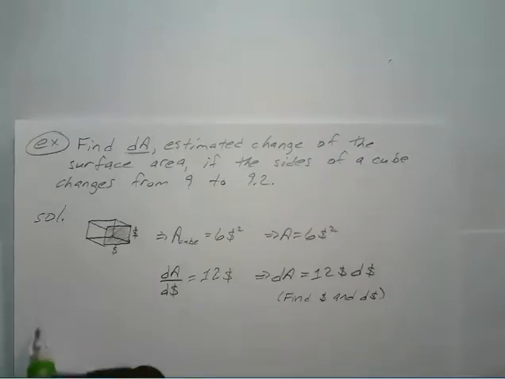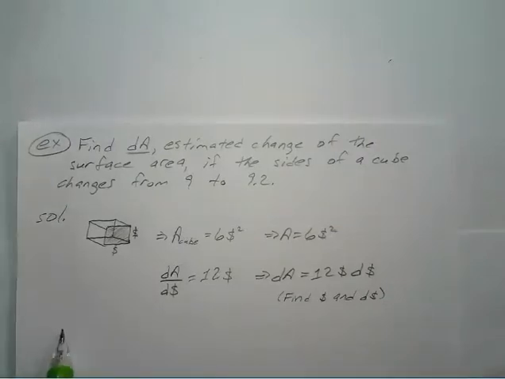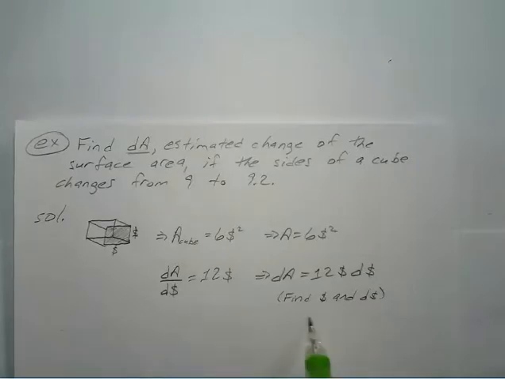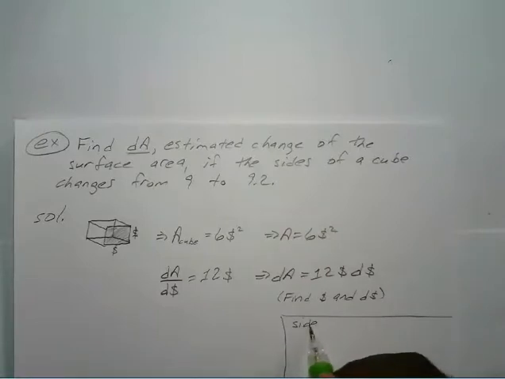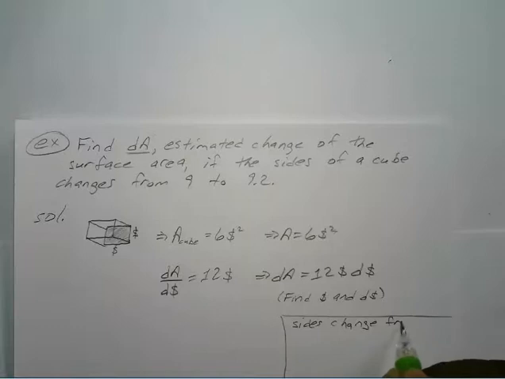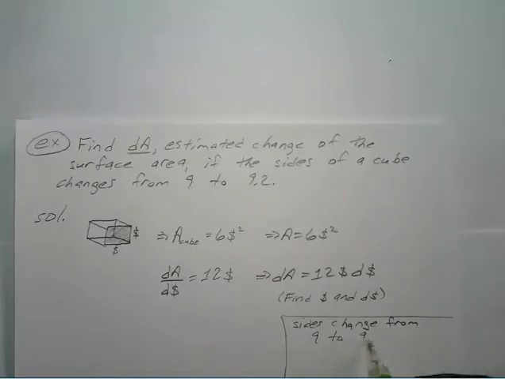So we know that, and I'll make a little side note over here: the sides change from 9 to 9.2. This tells us really all we need to know.